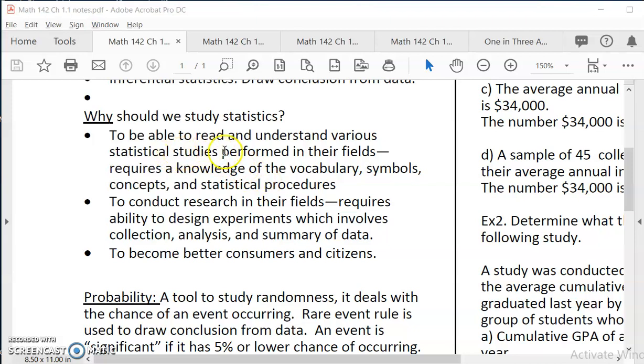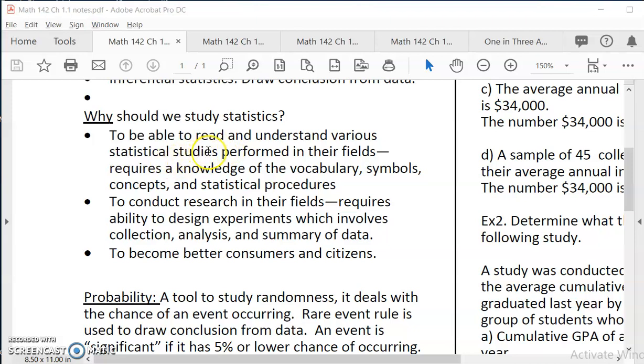First, you will be able to read and understand statistical studies, especially those you will come across when you are working in your field after you graduate. If you're a nursing student, you may study new care procedures and medical methods, and a lot of times the studies are statistical studies.